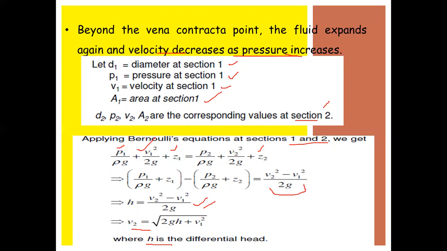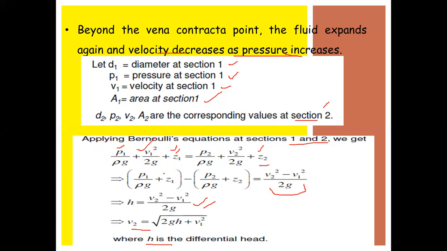Now applying Bernoulli's equation at sections 1 and 2, we get pressure energy plus kinetic energy plus datum energy: p1 by rho g plus v1 square by 2g plus z1 is equal to p2 by rho g plus v2 square by 2g plus z2.